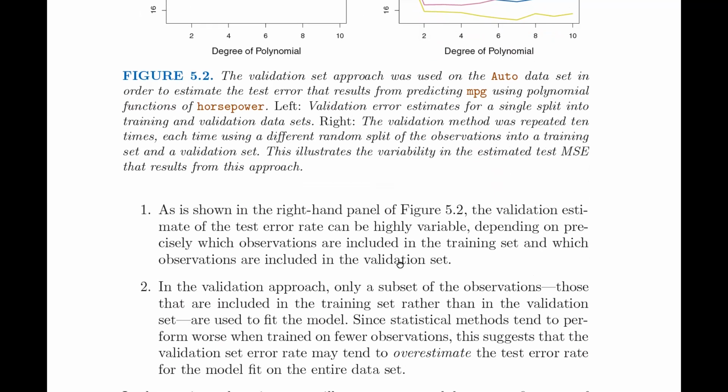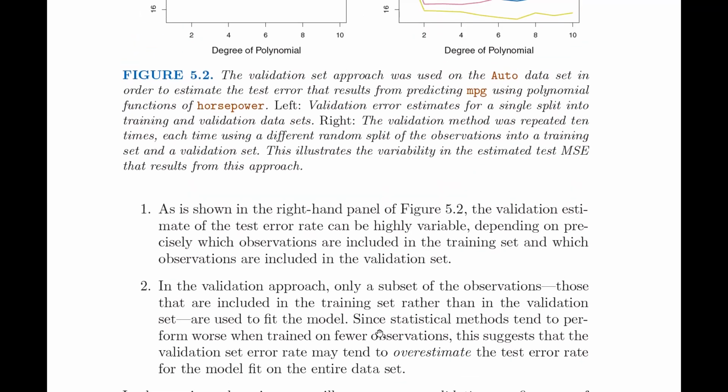In the validation approach, only a subset of the observations, those that are included in the training set rather than in the validation set, are used to fit the model.